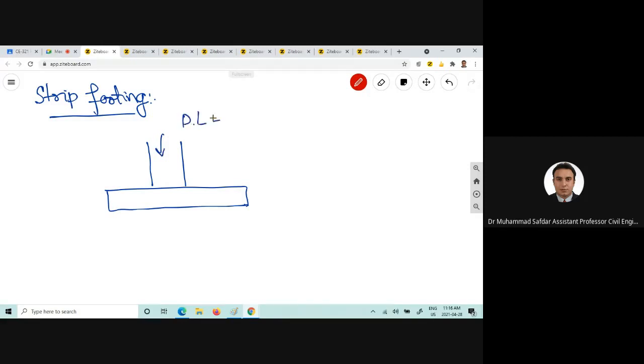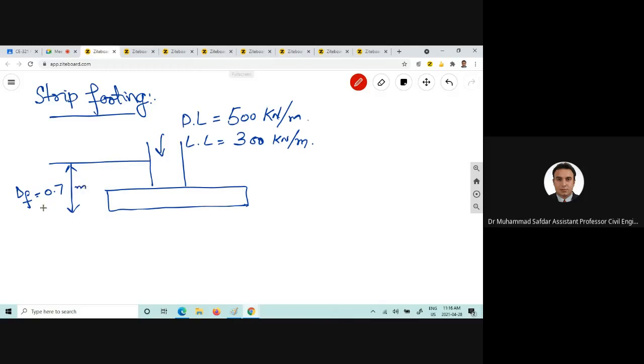The dead load applied on top of that footing is 500 kilonewton per meter, and the live load is equal to 300 kilonewton per meter. The depth of the footing is equal to 0.7 meter.